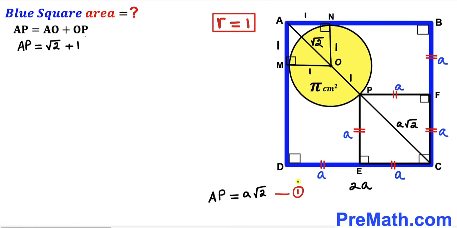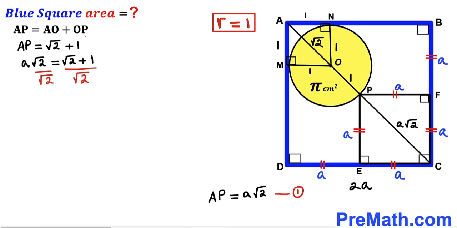However, from this equation 1, we can see our AP length is a times square root of 2. So therefore I'm going to substitute that value a times square root of 2 over here. After the substitution, this is going to become a times square root of 2 equal to square root of 2 plus 1.